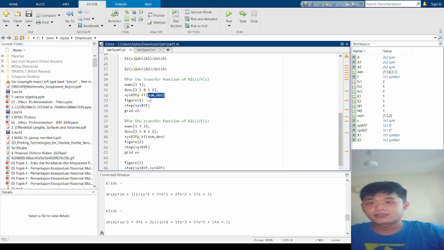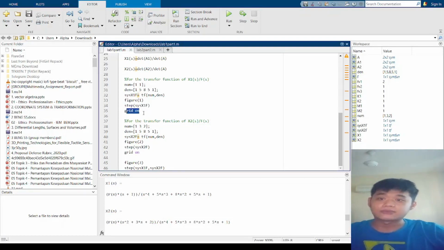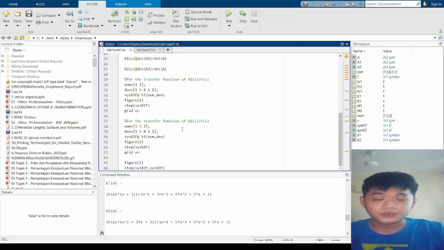Then to get the figure of it, we put figure 1 and then step to produce the graph. We put in the code step sys x1f and then grid on to make everything tidier. The same steps go for the transfer function of x2.